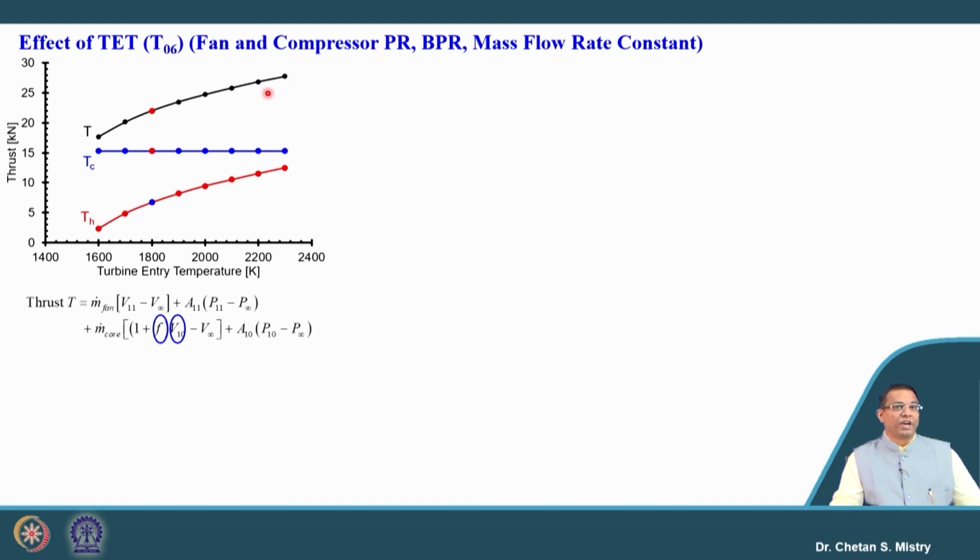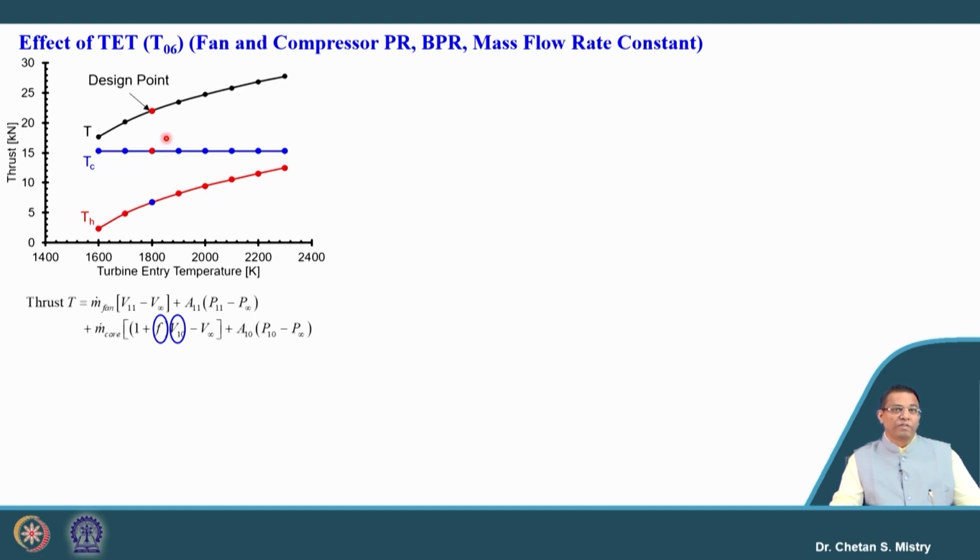So, we know when we are increasing our turbine entry temperature, that is what will lead to increase our hot thrust. So, it says if we are increasing our turbine entry temperature from say 1600 to say 2300, there is an increase of hot thrust. My cold thrust will not be having any impact of that.